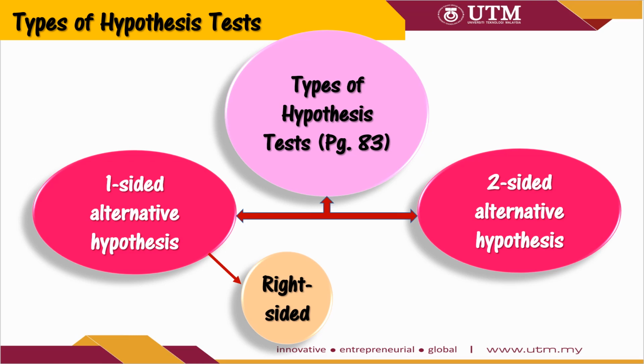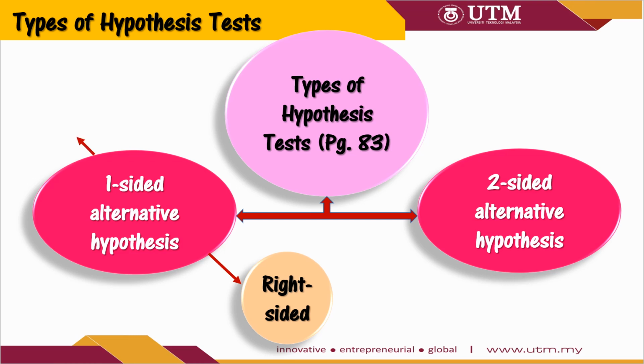We can use this type of hypothesis test when we aim to investigate if the parameter's hypothetical value has increased or has become larger than before. So the keyword for a right-sided alternative test is increase or becomes larger or has risen, or any word that shows an increase in the parameter value.